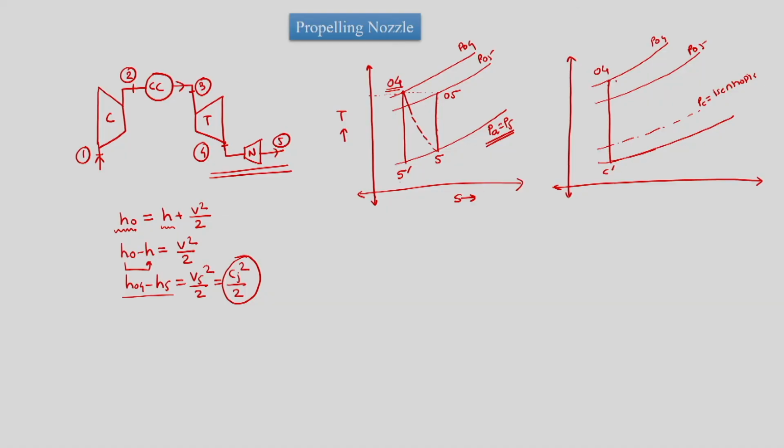So it has crossed the choking condition, but it has not attained the pressure which is required at the exit. However, there is still the process which is in real, which is after the choking. In reality it would not have the C dash state, it will have state C.